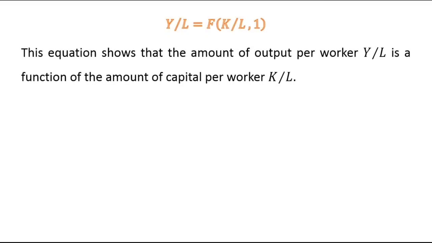This equation shows that the amount of output per worker, denoted by Y by L, is a function of the amount of capital per worker, K by L. The number 1 is a constant and thus can be ignored.